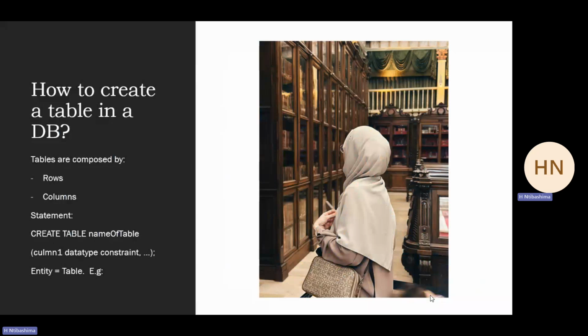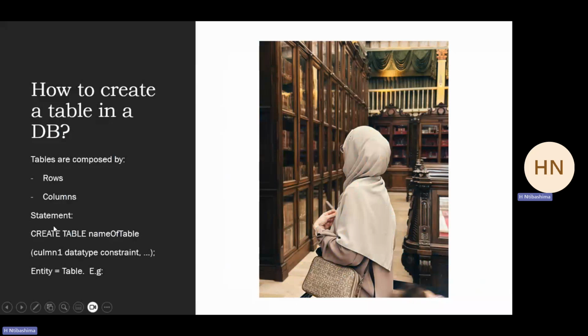The intersection of a row and a column holds a value, and the value will be dependent: either a heading or title, or the value of a specific column. Okay, how to create a table now?